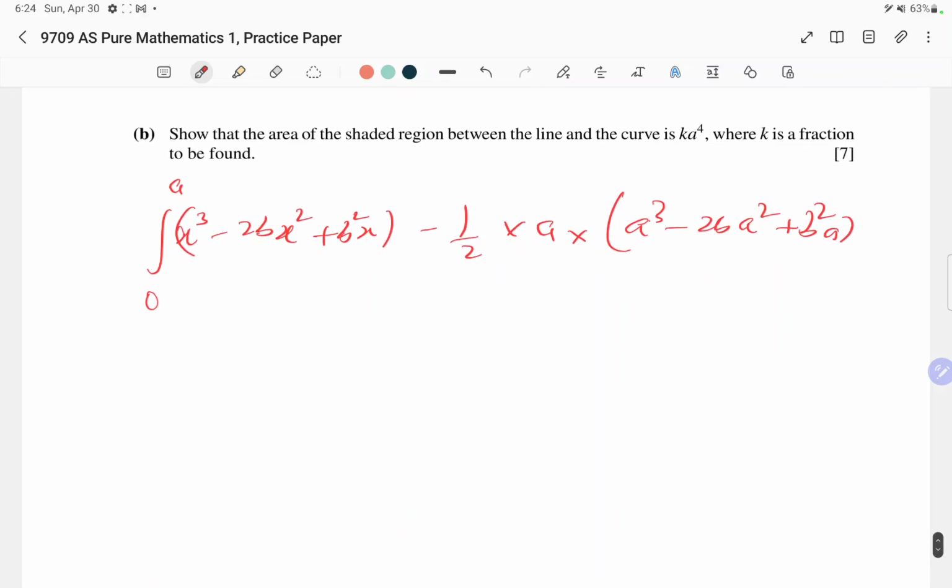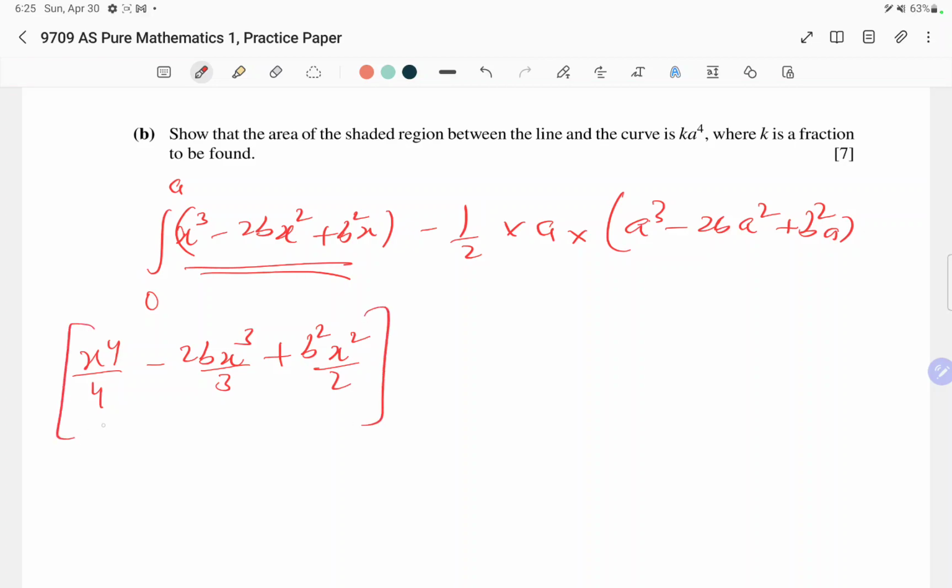Okay, now integrate this part: x to the power 4 over 4 minus 2b x cubed over 3 plus b squared x squared over 2, with limits 0 to a, minus a over 2 times a cubed minus 2b a squared plus b squared a.